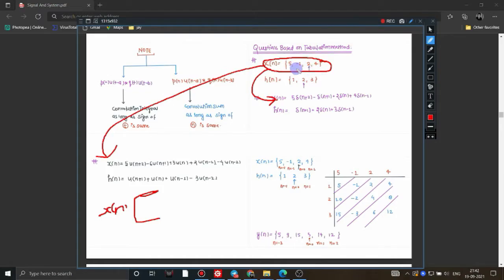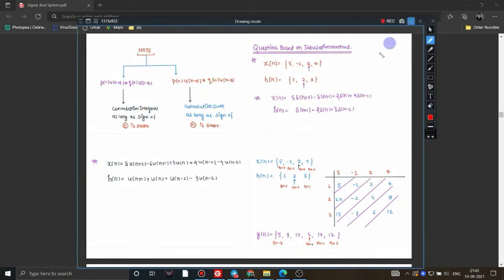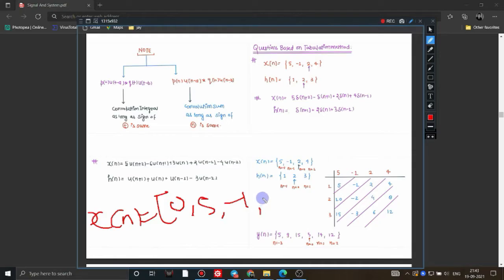From 0, left side and right side the number of elements should be the same. So we write 5 and also add 0 on both sides: 0, 5, then this one, 2, 4.